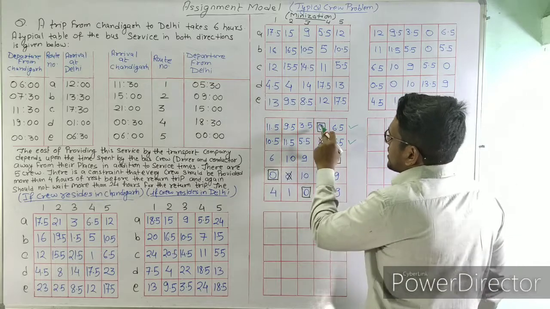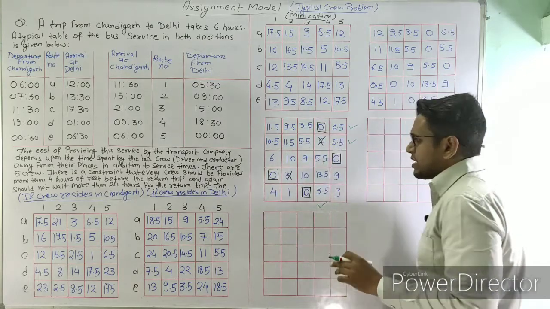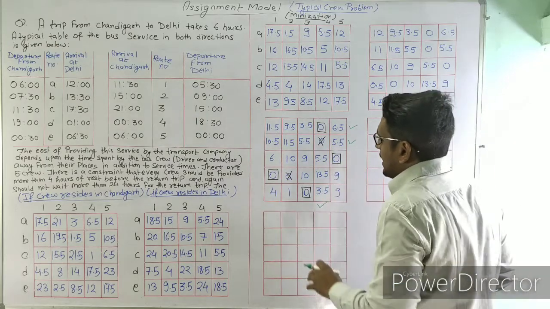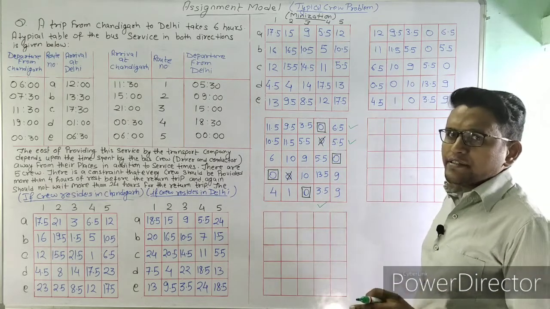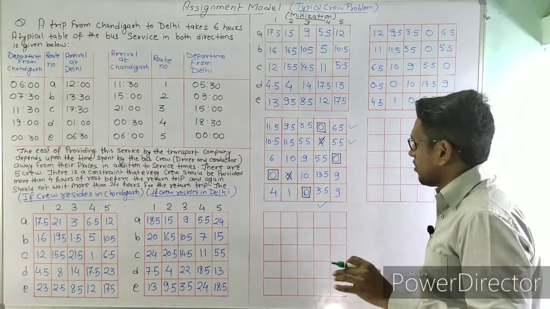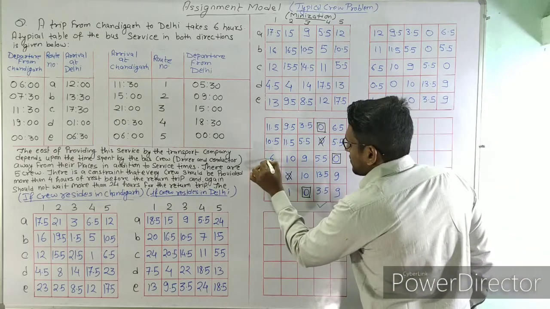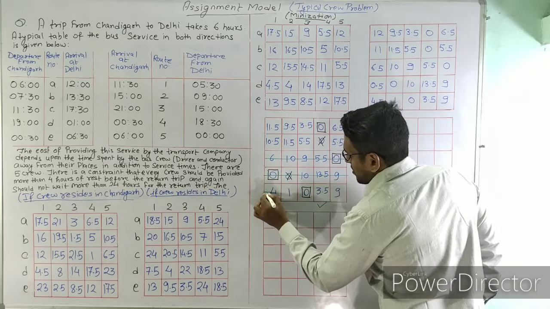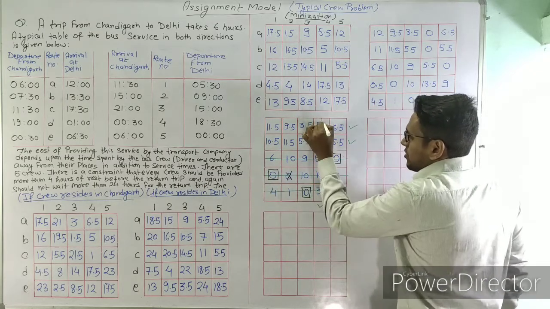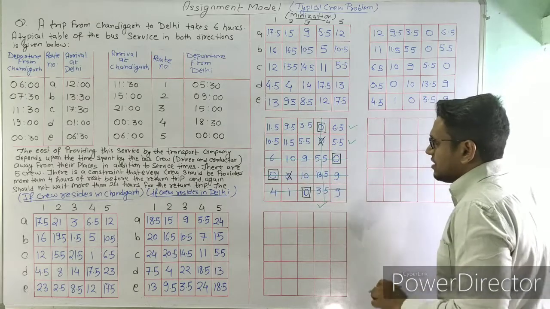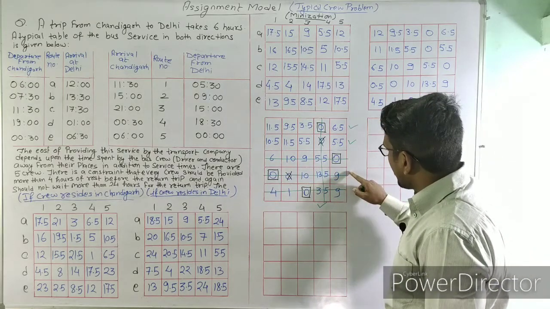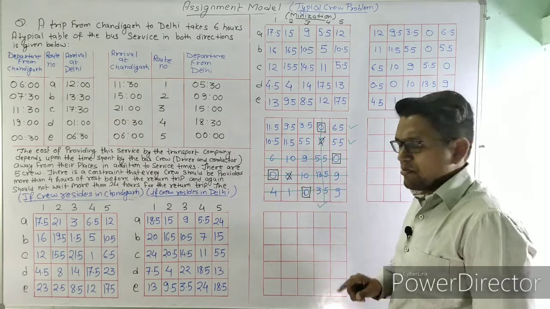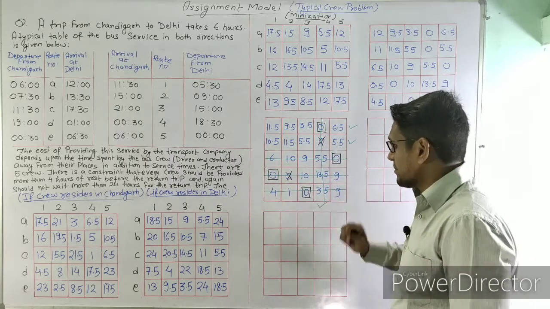As we can see that here no more 0 is present, that means no more further ticking is possible in this matrix, and now we need to draw lines through unticked rows and ticked columns. So we are going to draw lines from unticked rows, so these are 3 unticked rows, and ticked column. As we can see here we have 4 lines that are crossing all the zeros, because we have 4 assignments.